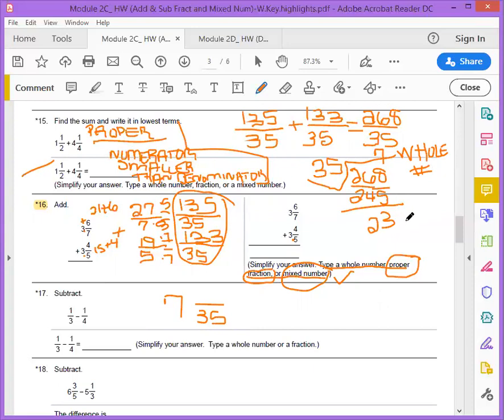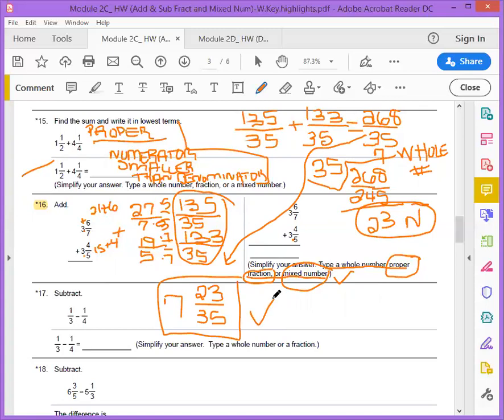The numerator, N for numerator, comes from the remainder. Our remainder was 23, so our numerator would be 23. This would be our answer as a mixed number. So we converted it from improper fraction, 268 over 35, to a mixed number, 7 and 23/35. And this is our answer for number 16.